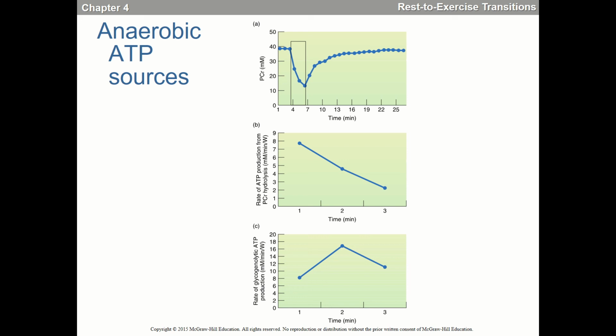That makes sense? Now, the rate of ATP production from the PCr system is effectively saying the same thing. And around 2 minutes, there's somewhat of a peak in glycolysis, in this C picture right here. There's a peak in glycolysis, and then it starts going down a little bit. So that's indicating that anaerobic glycolysis is a little low in the first minute, and in the second minute it goes up more.